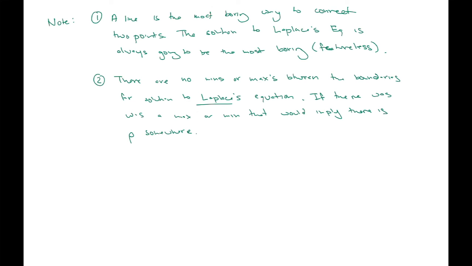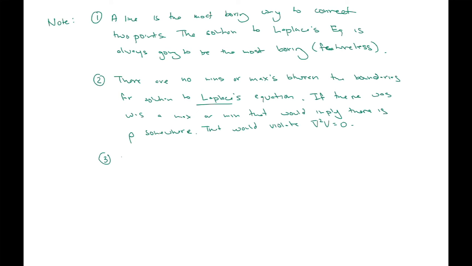That would imply a charge density. So if you do find charge density, then you're not solving Laplace's equation near those charges. That would be Poisson's equation. That's why we know we can't get any maxes or mins, which helps keep these functions boring, like that straight line.